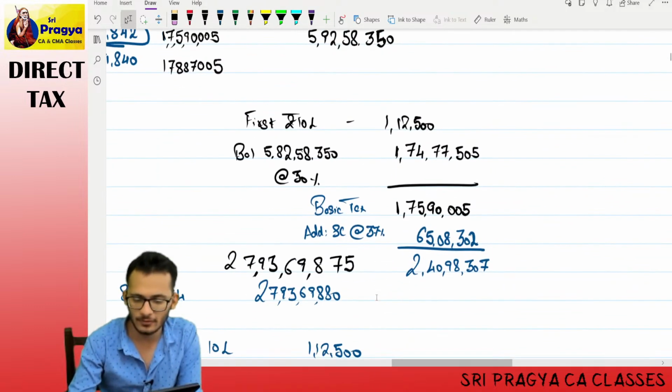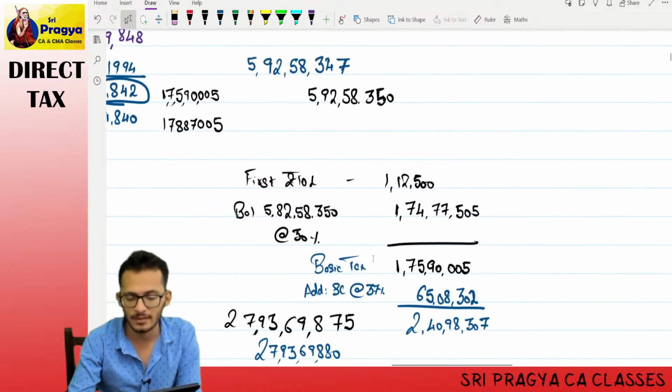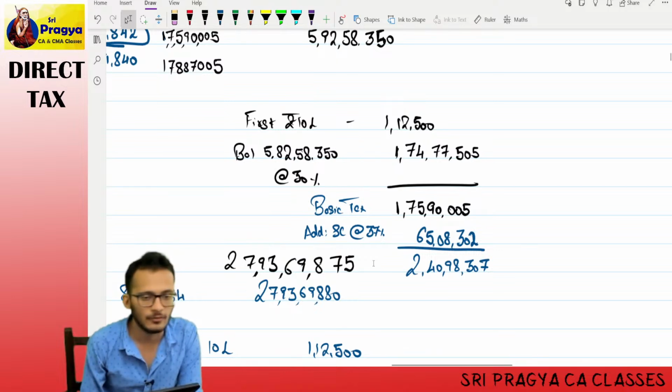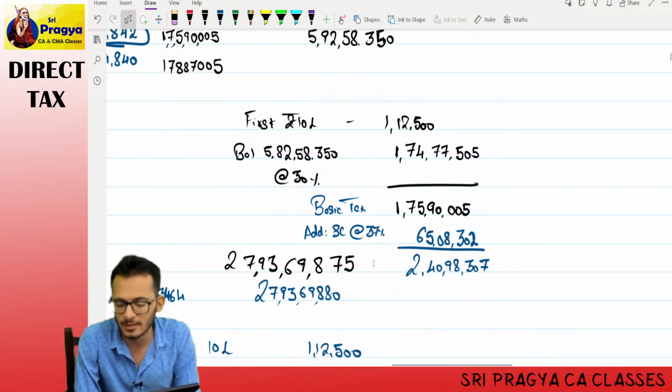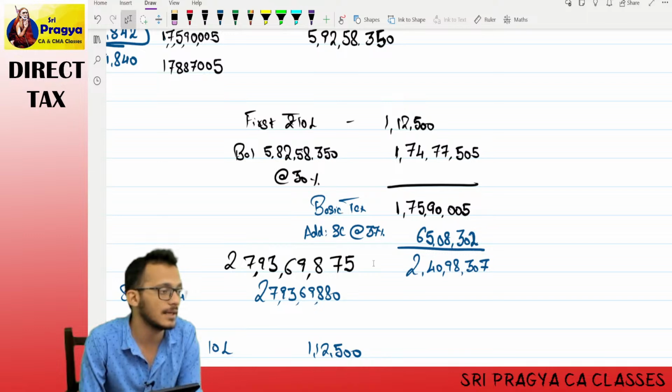Next question: 5 crore 92 lakh 58,350. Your number after surcharge is 2,40,98,307. Correct?